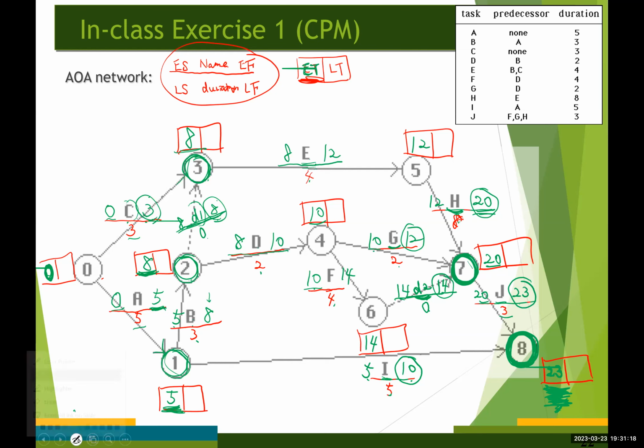So I'm gonna use blue this time. So we are going to have 23, okay? This is better. Okay, 23. So the latest time for event number 8 is going to be 23.